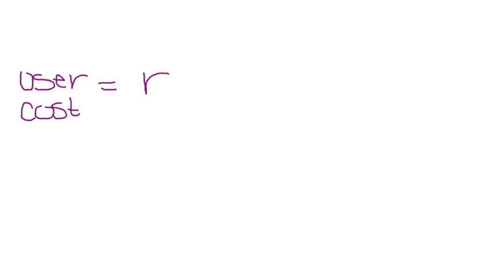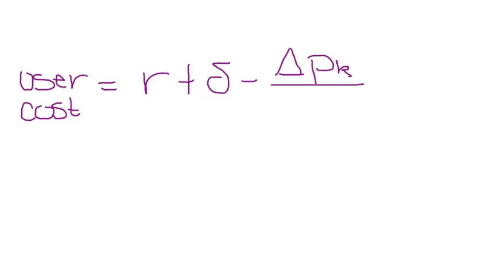One is going to be the opportunity cost, which is the interest rate. One is going to be the depreciation, and the final term is going to be changes in the value of capital.